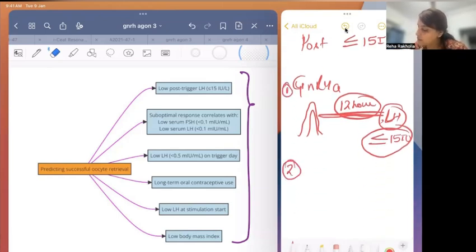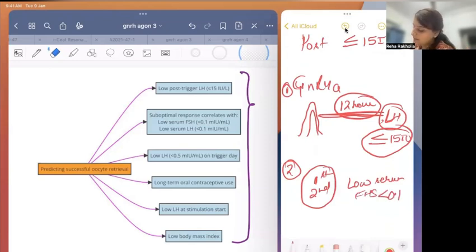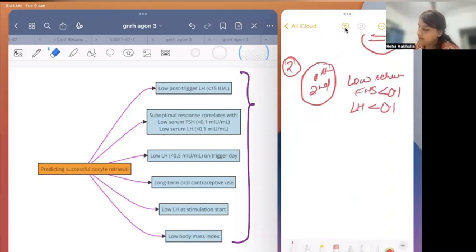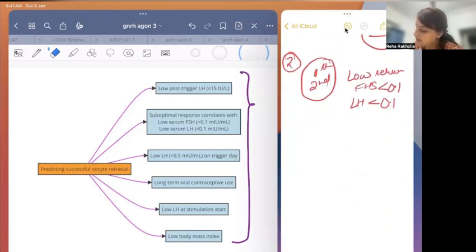Second, suboptimal response correlates with low serum FSH, even on the first and second day, less than 0.1 milli international units per ml, and LH less than 0.1 milli international units per ml. Next is low LH on the day of trigger.